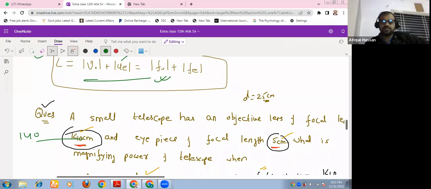You have to find magnifying power for both the cases, for least distance of distinct vision and for the final image at infinity.